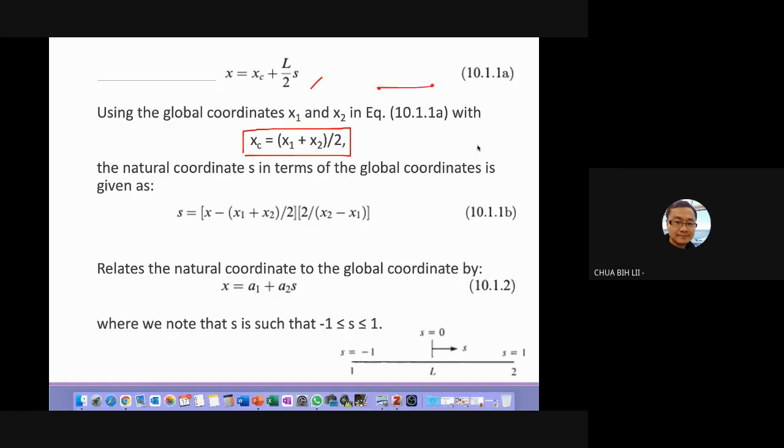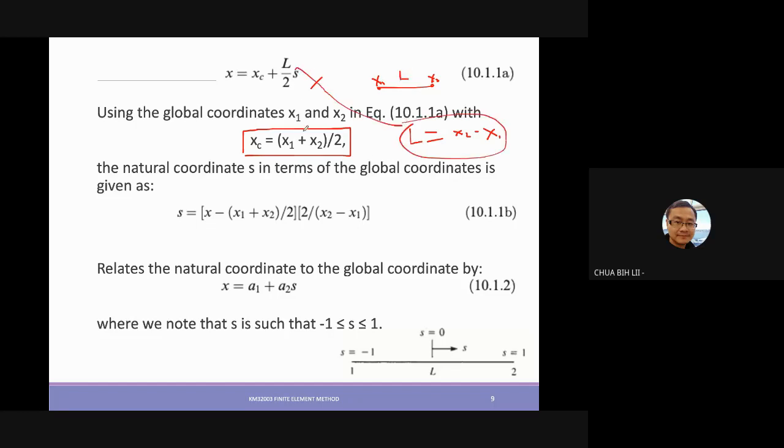From this we can also know the length. The length of the element is basically x2 minus x1, assuming x2 is over here and x1 is over here. So these positions minus these positions, you get the length. So rearrange, or put these two inside.